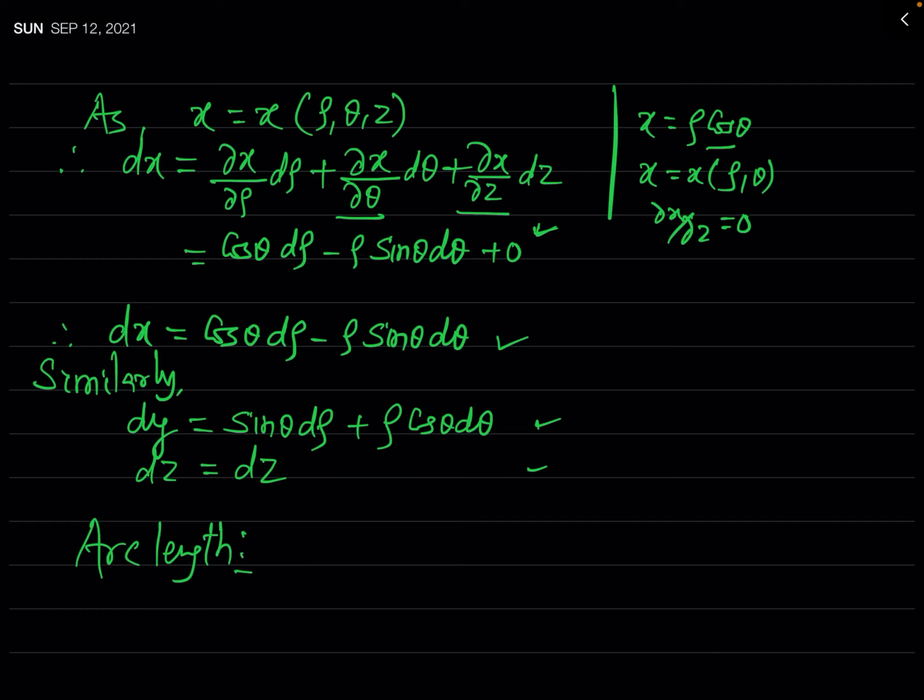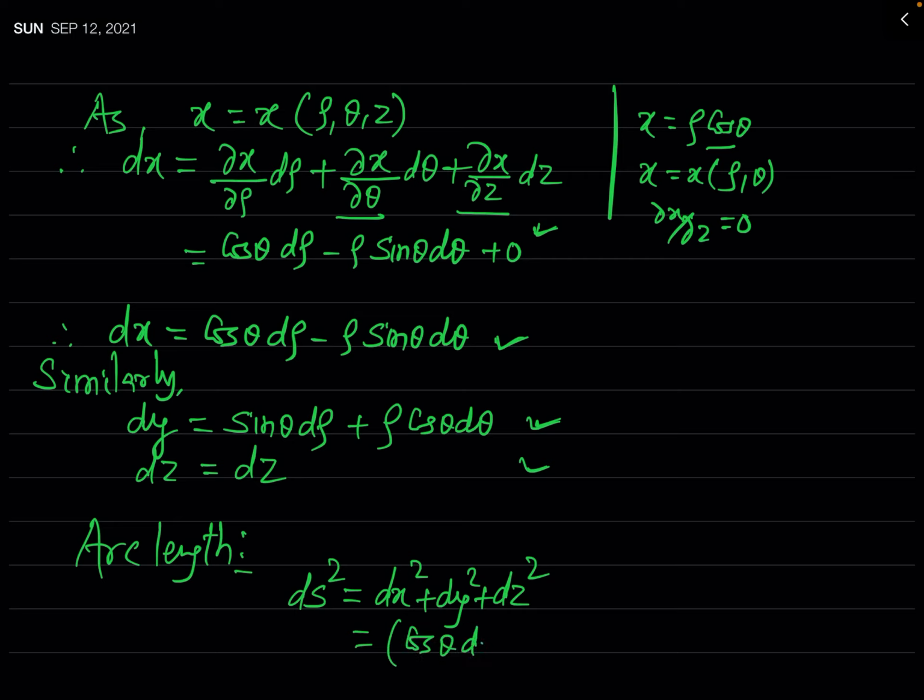As you know, in the Cartesian coordinate system, arc length is given as ds square equal to dx square plus dy square plus dz square. Now you can substitute the values of dx, dy and dz which you have obtained here. So when we put the values, we can easily calculate ds square.